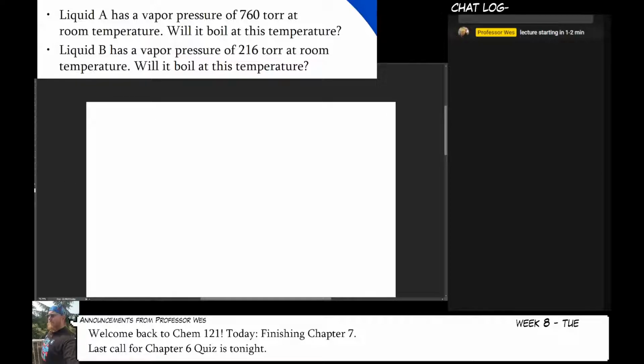Alright, so let's draw... hold on, I had to change all the colors because I was working in Photoshop again. There we go. So let's draw our little picture here. So here is our atmosphere. That's not a drawing, that is the select tool. There we go.